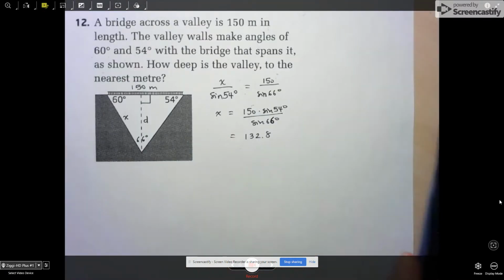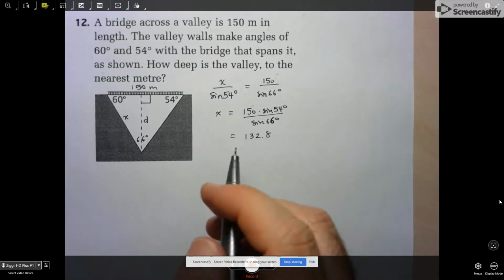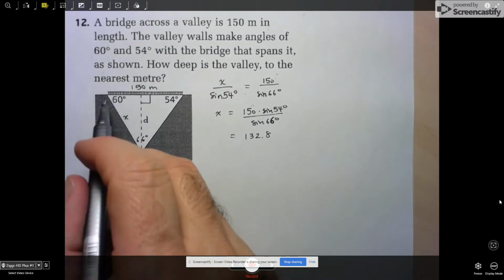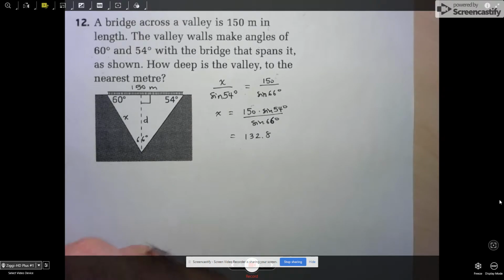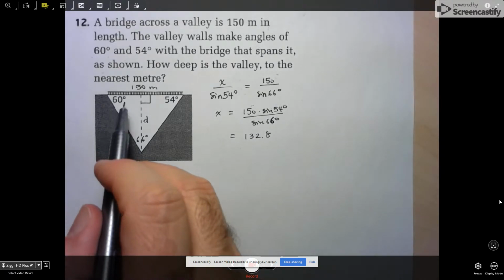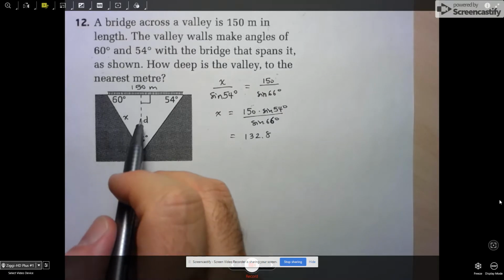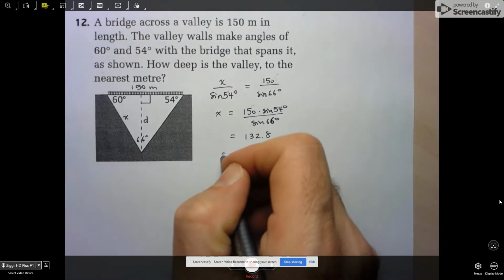All right, so now that I have this hypotenuse, I can now work with my regular primary trigonometric ratios. I have the angle, I'm looking for the opposite side, and I now know the hypotenuse. So opposite over hypotenuse, that's sine.